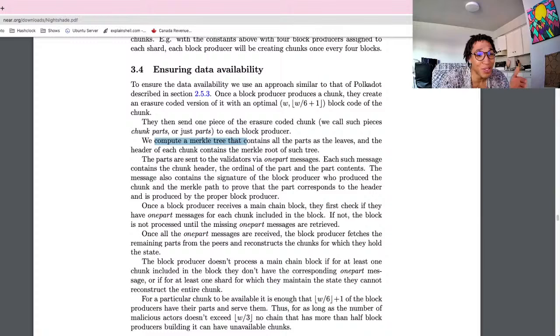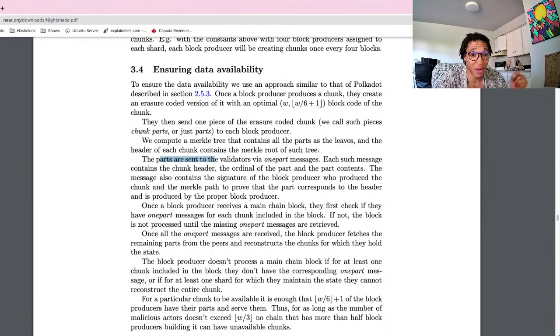We compute a Merkle tree that contains all of the parts as the leaves, and the header of each chunk contains the Merkle root of such tree. The parts are sent to the validators via one part messages. Each such message contains the chunk header, the coordinates of the part, and the part content.